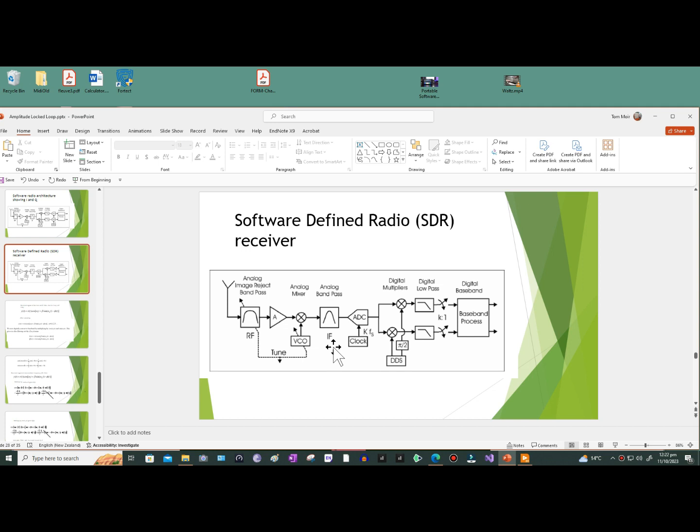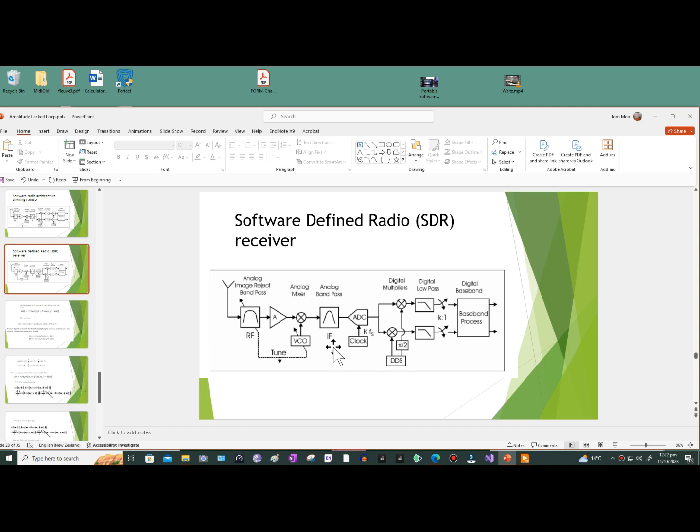If you've got a band-limited signal, remember Shannon's sampling law says that you only need to sample at greater than twice the bandwidth of the signal, not twice the highest frequency, where a lot of people get that kind of mixed up. It's greater than twice the bandwidth.